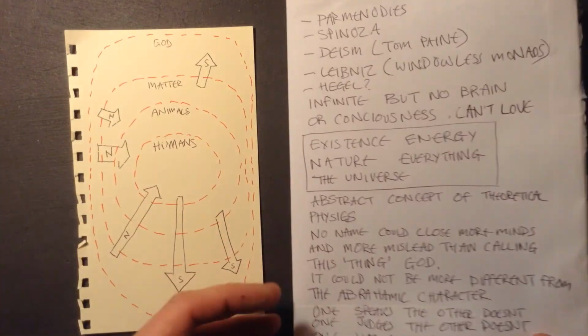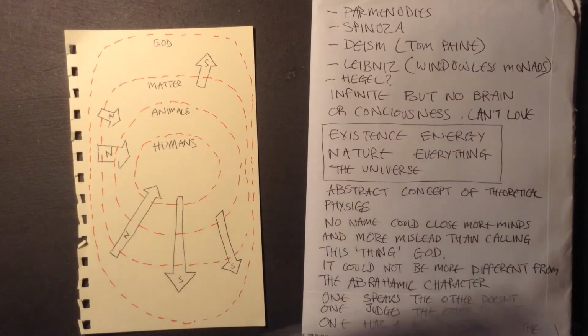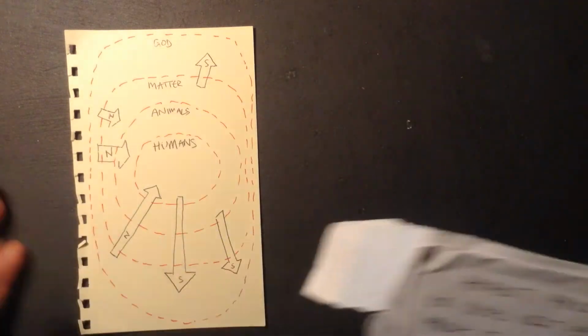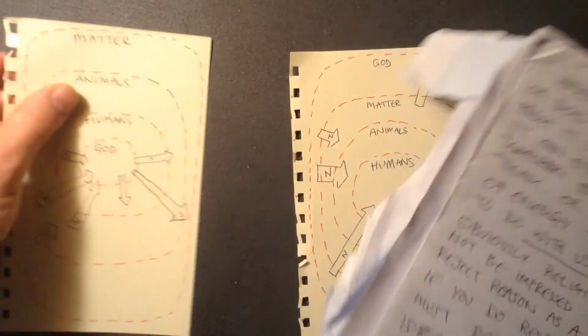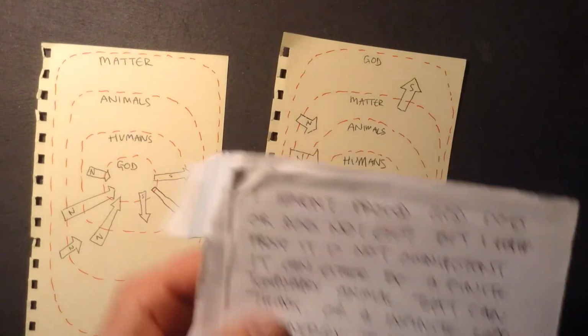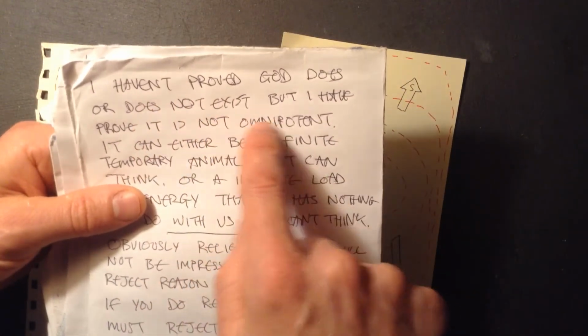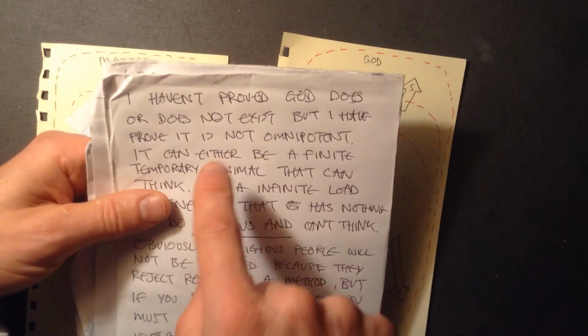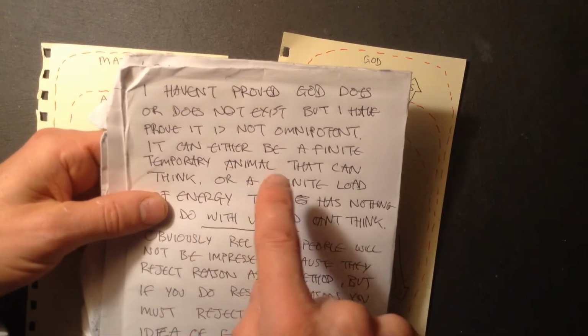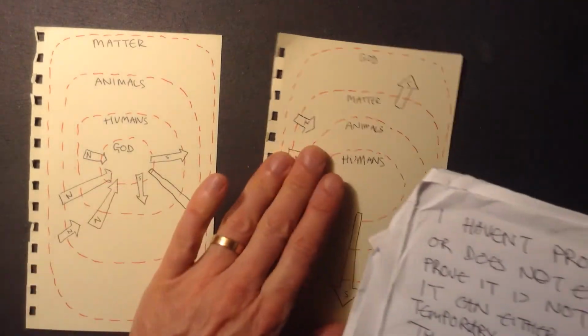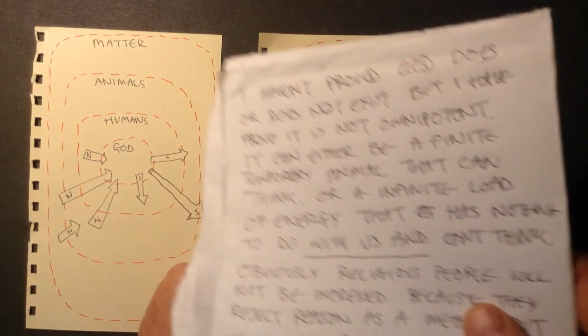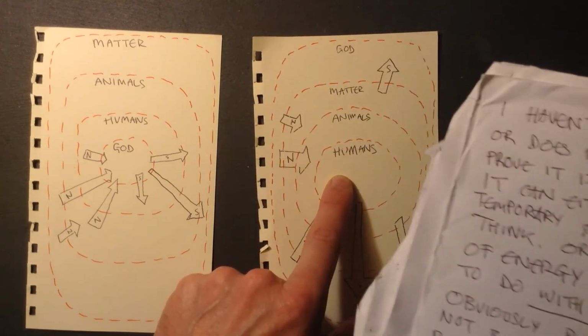Okay, so these are the two models of what God could be like. I haven't proved that God does or does not exist, but I have proved that it is not omnipotent. It can either be a finite temporary animal that can think, or an infinite load of energy that has nothing to do with us and can't think.